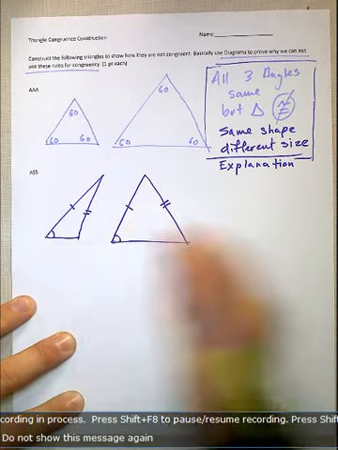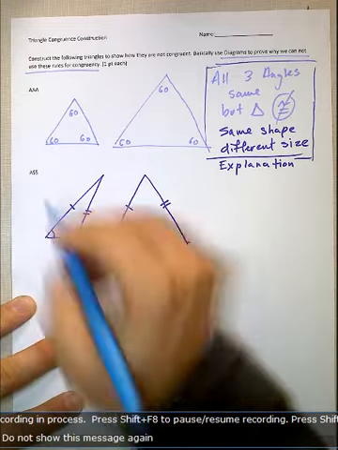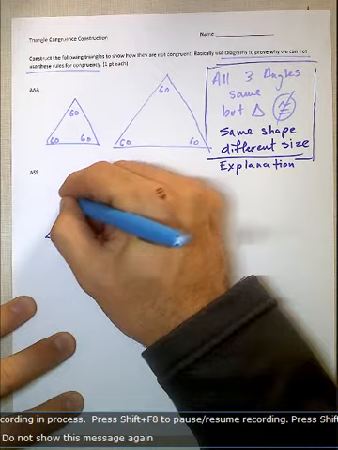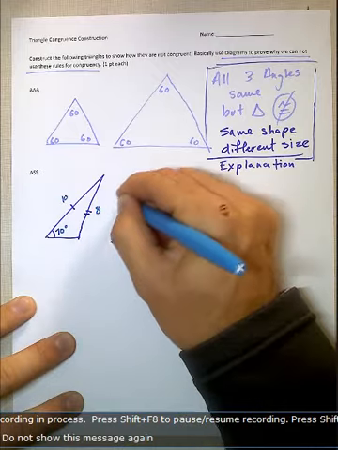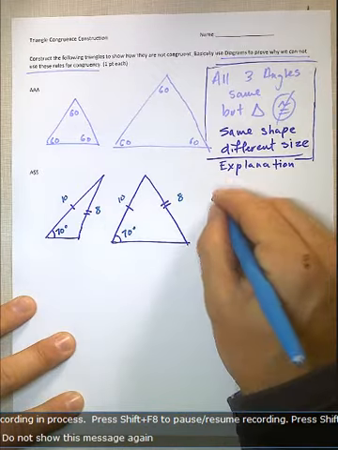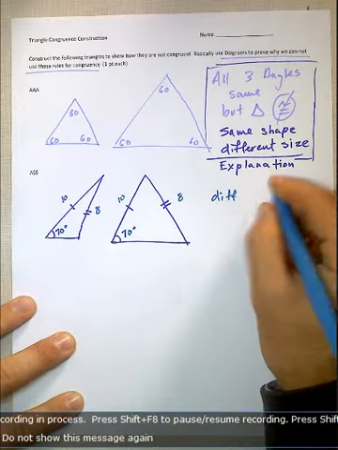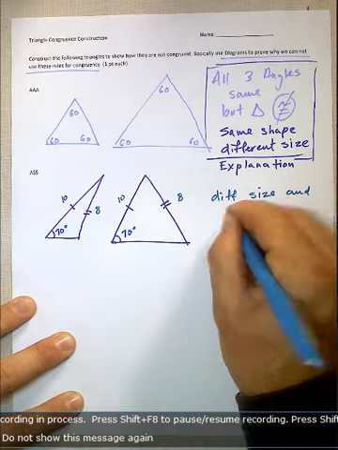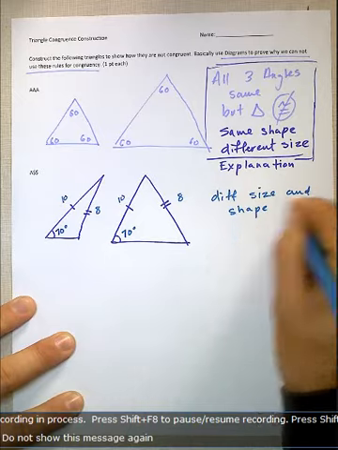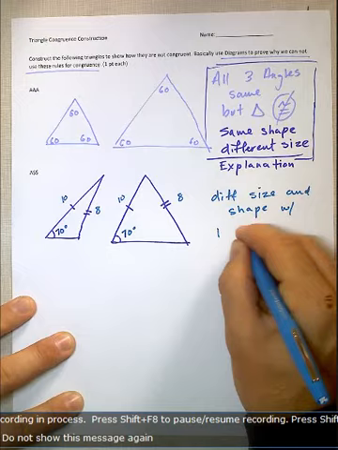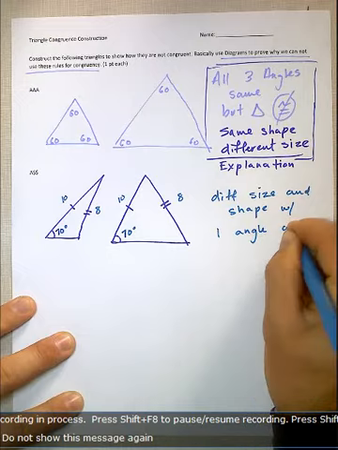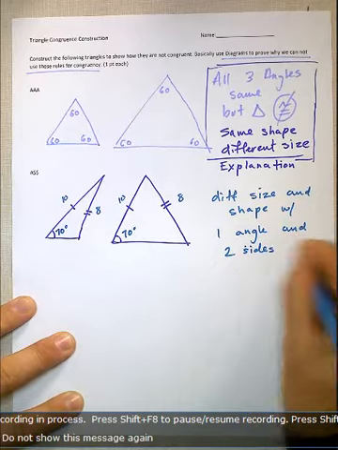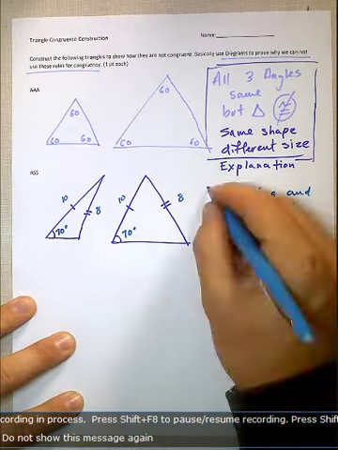I can have a 70-degree angle, let's say this is 10 and this is 8, and this could also be 10 and 8. So I actually have different size and shape with one angle and two sides congruent. This would be a good explanation for that.